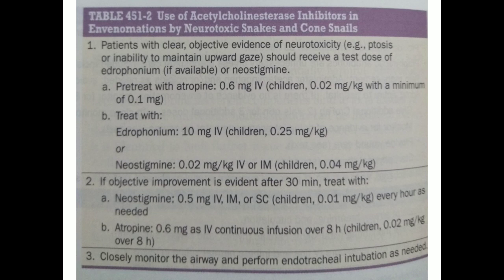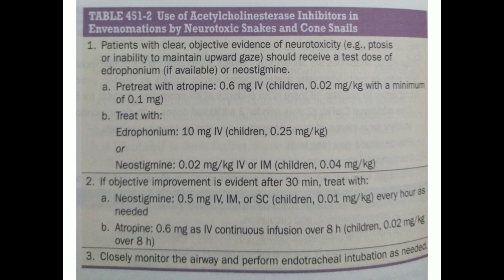Give it IV, then treat the patient with neostigmine, which is commonly used in the Indian setup. 0.02 milligram per kg IV or IM can be given. If objective improvement is evident, that is the neurological symptoms are improving, respiratory muscle paralysis or cranial nerve involvement is improving, you can give neostigmine 0.5 milligram IV, IM, or subcutaneous every hour as needed.